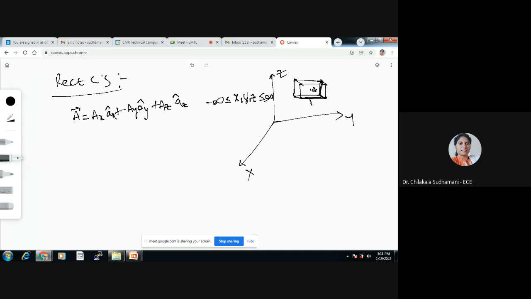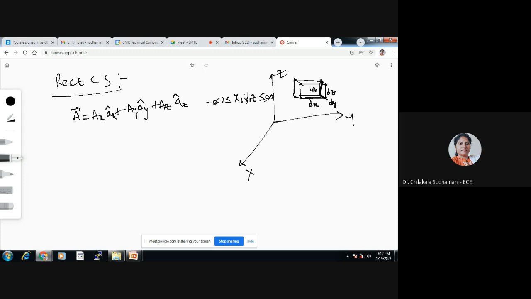I'm considering a cube of very small size. The length of this cube in the x direction is dx, along the y direction is dy, and along the z direction is dz. Clear? dx, dy and dz are the length values of that cube.